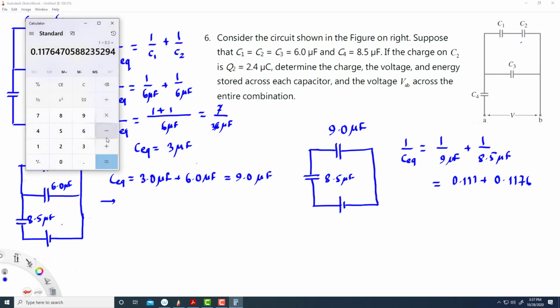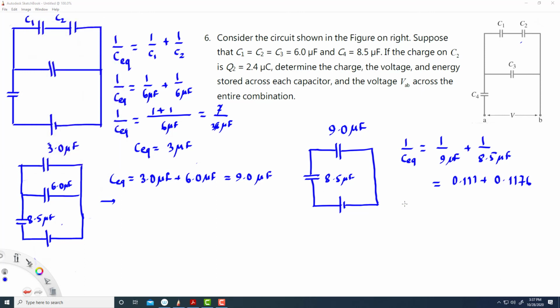Now when you add these two, 0.111 plus 0.1176, you get that, and then to find C equivalent you take the reciprocal of that. Okay, so the reciprocal of that would be 4.37.